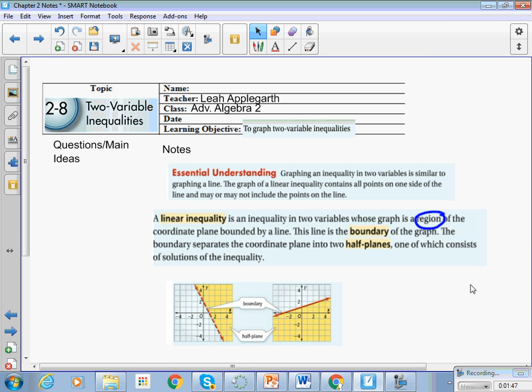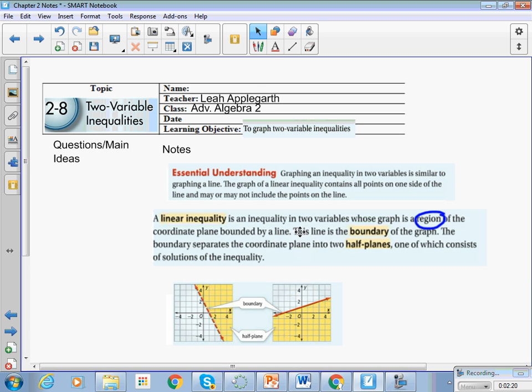So before, when we were in one variable, we were solving and getting values of x. In this case, we're going to get whole sections of our graph that are answers to our inequality. This line is the boundary of the graph, and you don't actually have to write after this, because we are going to draw this picture.